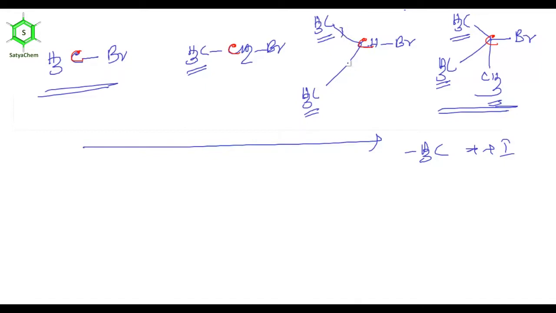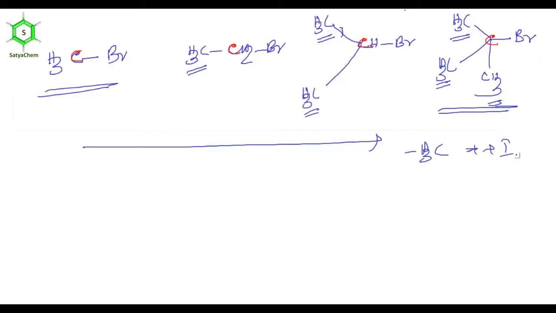The halogen bearing carbon atom has delta positive charge, but this delta positive charge density decreases, because the number of methyl groups attached to it increases. So the extent of delta positive charge on the halogen bearing carbon atom decreases.